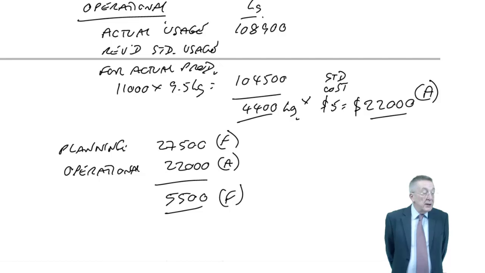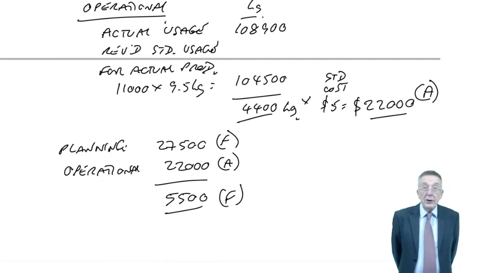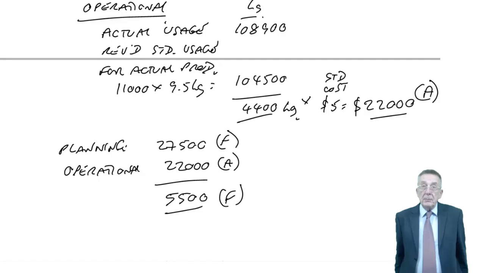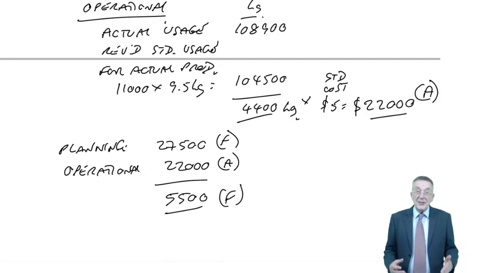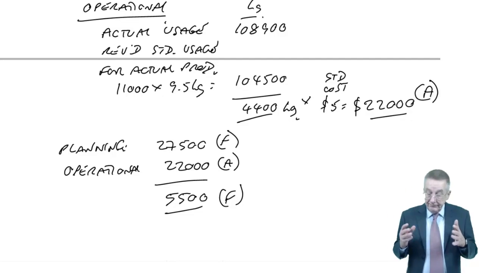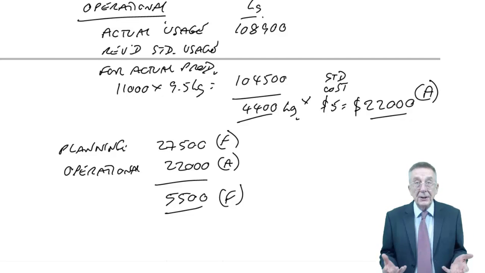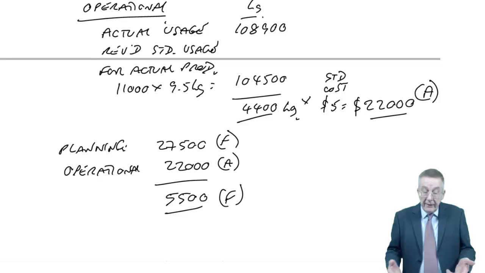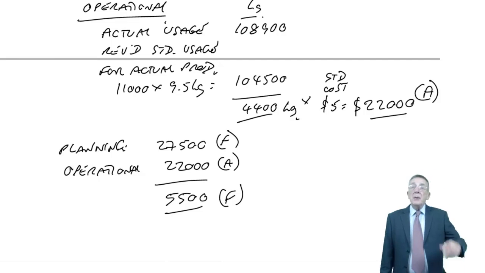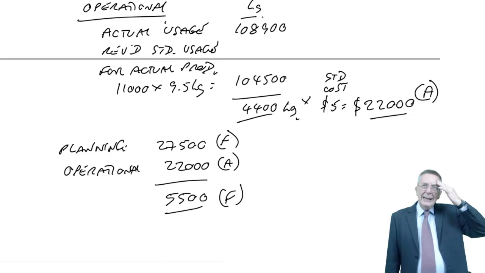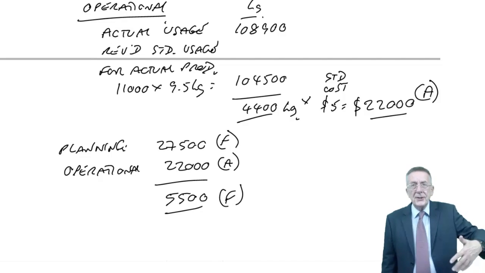Why did we budget on 10 kilos and then change it to 9.5? Presumably, it was a deliberate decision to change our method of production. And of course, because it's favourable, that's great. But we then have to say to ourselves, well, why did we change it? Why were we originally using so much when we could have used less?